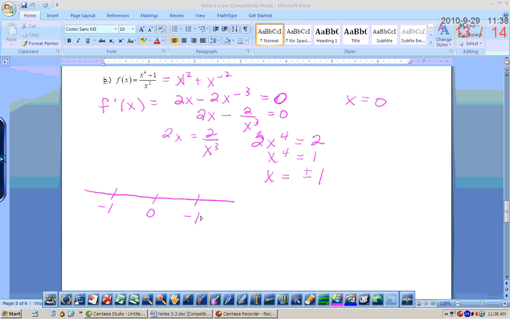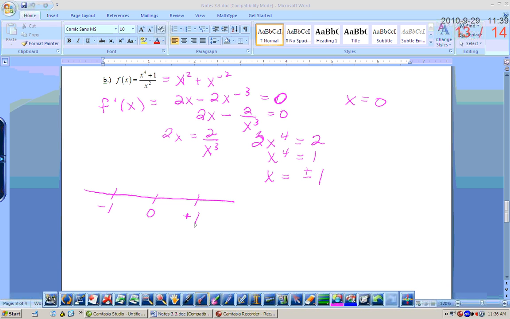It could be undefined at a vertical tangent line, and so where that would show up. So like the derivative is undefined here at x equals 0. If that happens to be a vertical tangent line, then you're going to go like positive, positive, and not. That's where that's going to show up.